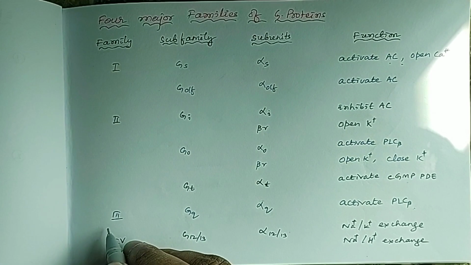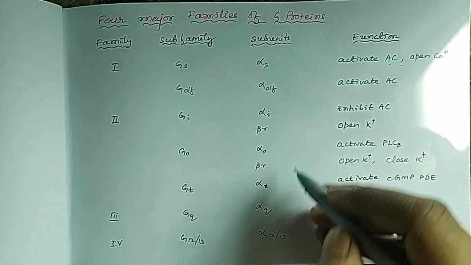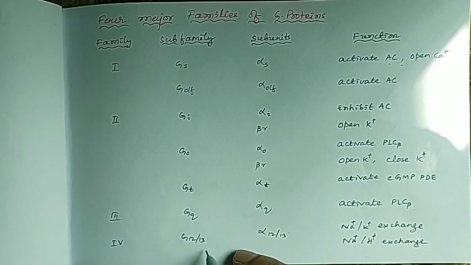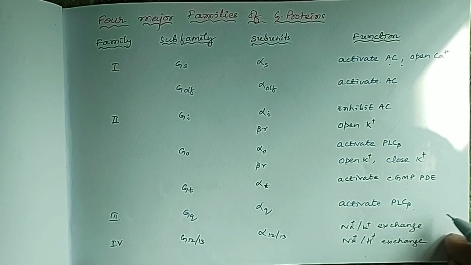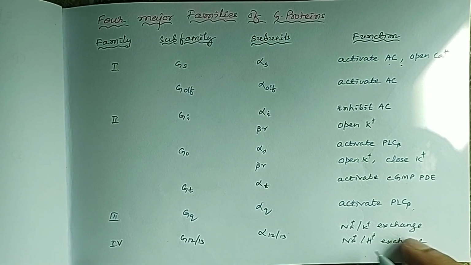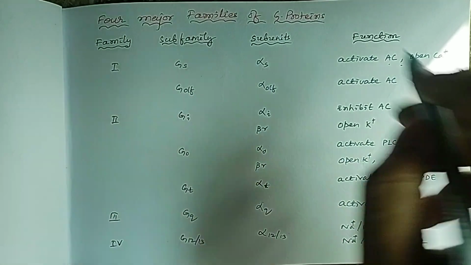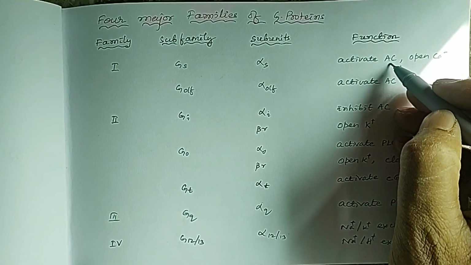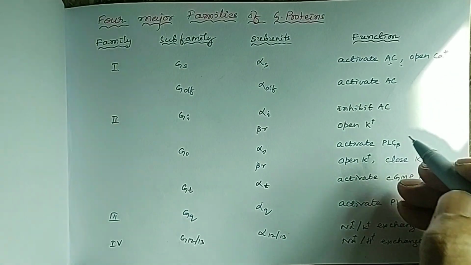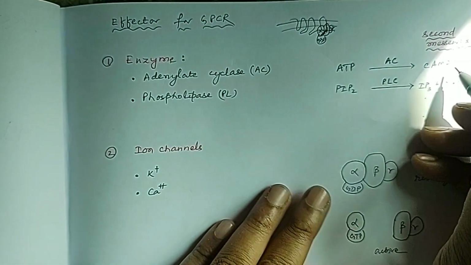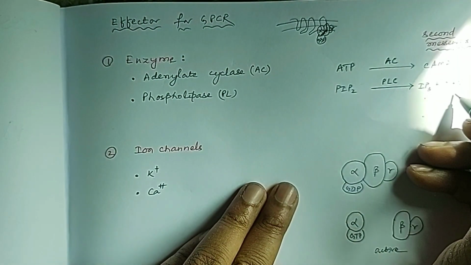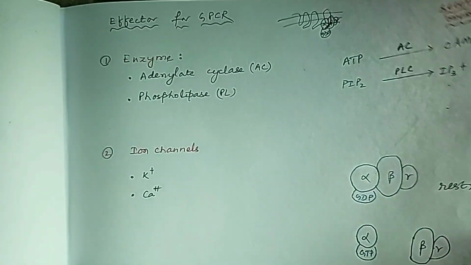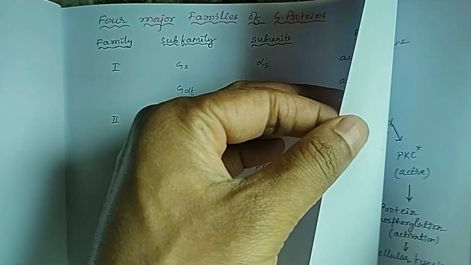Then GQ, the family 3, subunit alpha Q activates phospholipase C beta, and family 4, G12 or 13, alpha 12 or 13 causes sodium hydrogen exchange. So these are the functions. Mainly adenylate cyclase and phospholipase C are the two targets, and accordingly there are the second messengers cyclic AMP, IP3 and DAG, and there can be opening or closing of the potassium and calcium channels by the G protein coupled receptor.